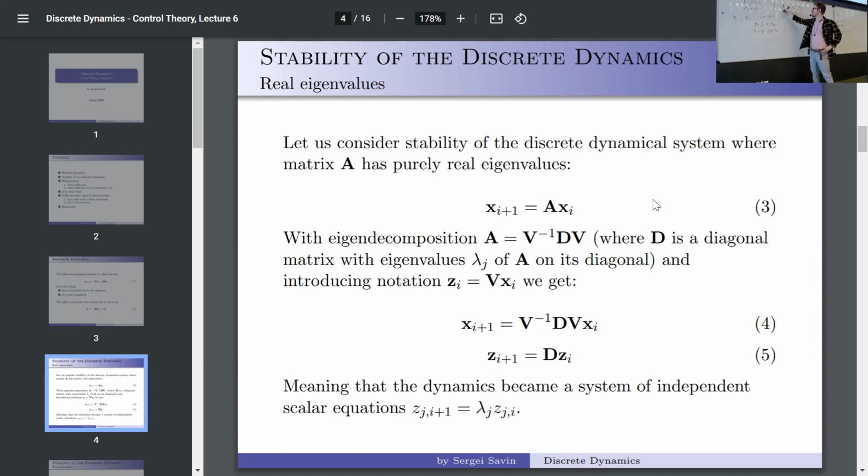We multiply both sides by V, so we have Vx sub i plus 1 equal to V inverse D V x sub i. This is Z sub i plus 1, this is Z sub i, and this is identity. That is how we get to expression 5.